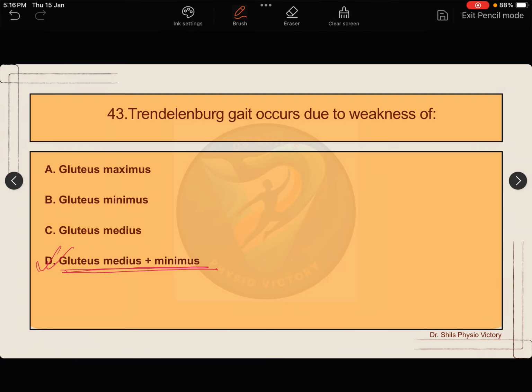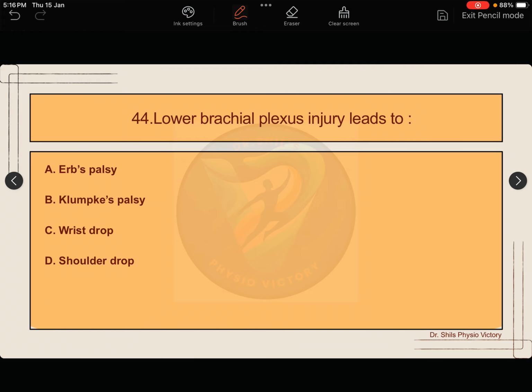Next, come to question number 44. Lower brachial plexus injury leads to option A, Erb's palsy, option B, Klumpke's palsy, option C, wrist drop, option D, shoulder drop. Here, the correct answer is option B, Klumpke's palsy. This basically affects C8 to T1, causing hand intrinsic weakness, claw hand, and Horner syndrome if T1 is involved.